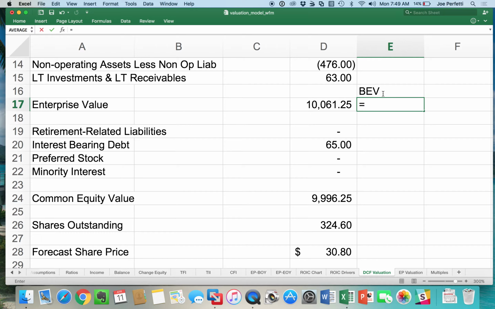Well, equals, if I go back to the valuation, we have a common equity value, plus a preferred stock value, plus our debt value, which would also include the retirement-related liabilities and the minority interest.